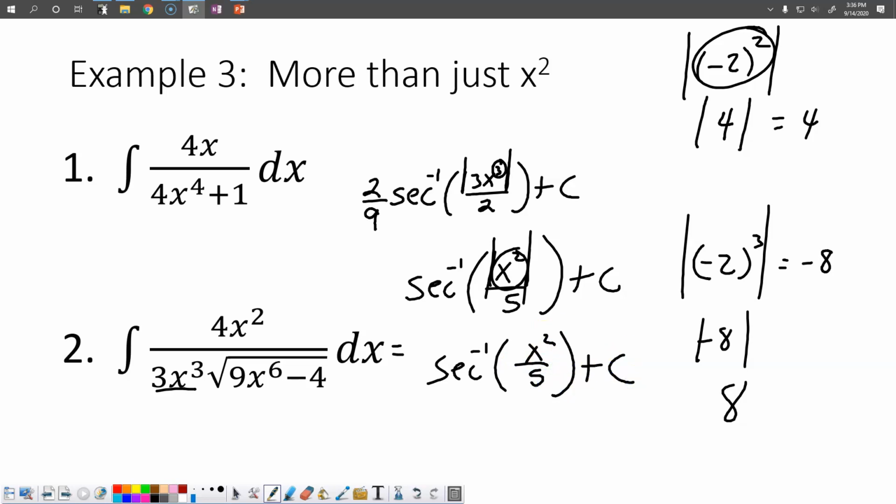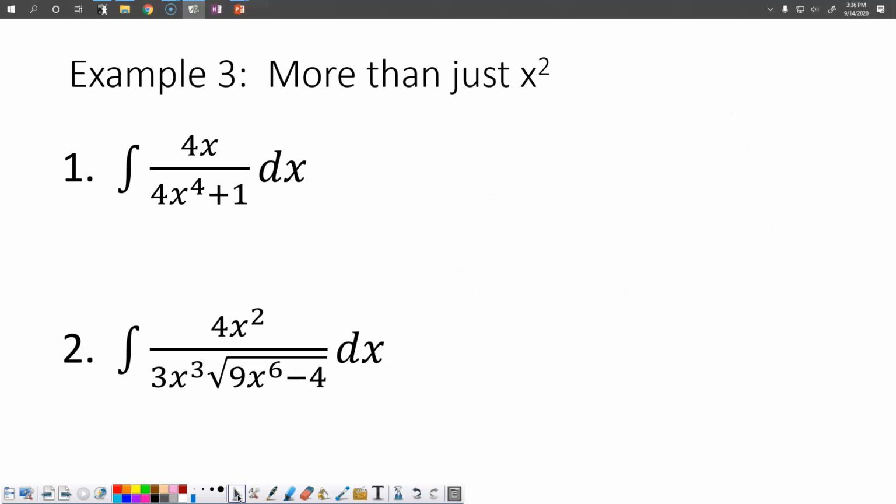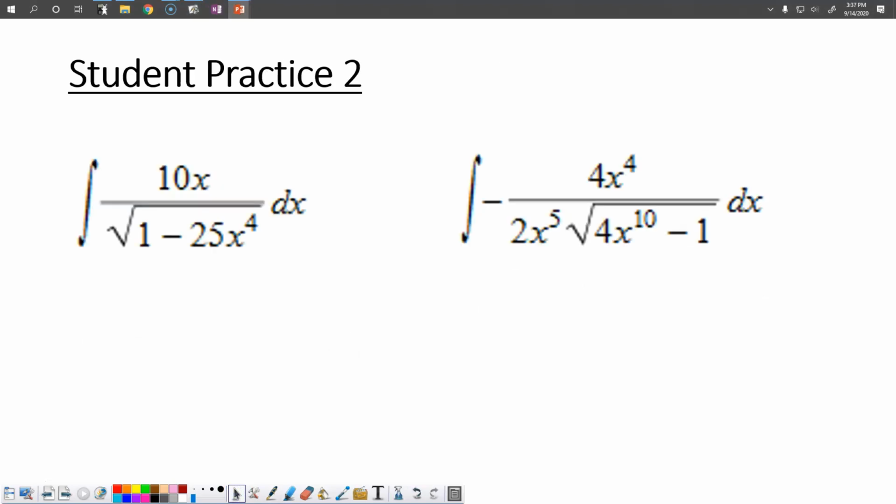Okay, so I just want you guys to be aware that if you have an odd number here, the absolute value bars are absolutely necessary. If you have an even number right here, they are not necessary. Okay, but anyway, that being said, I want you guys to practice doing U substitution when you have more than just an x squared. So here you guys go. Go ahead and try your student practice. Pause the video and then see what you guys get.